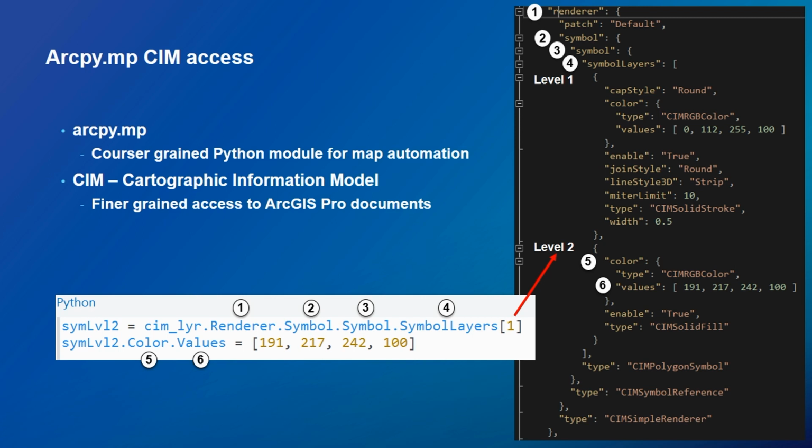And there's a really nice format for how these files are structured and how you can read them, and that structure will help you actually program. I tried to show that on the plenary, where how it's stored in the SIM is exactly how you code it using arcpy.mp. The example there was, we have a renderer and we go to a symbol, and that symbol has a list of layers, and we can get to the layers. That's what we're doing with the SIM: we're going to the renderer, the symbol, the symbol layers, etc.